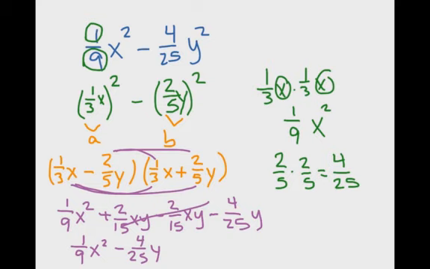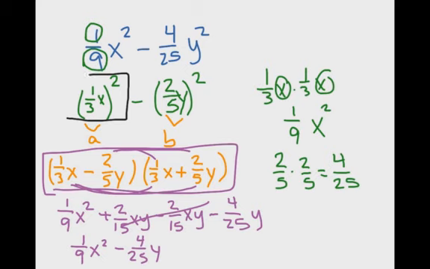So the key to factoring polynomials where there are differences of squares is to first break them down into a and b, so something squared minus something else squared, and then just plugging them into the formula.